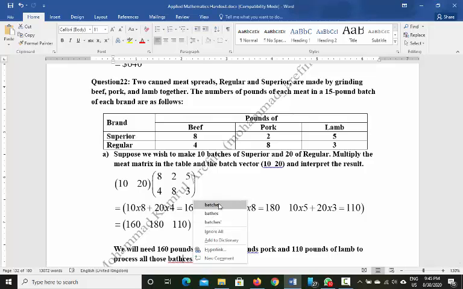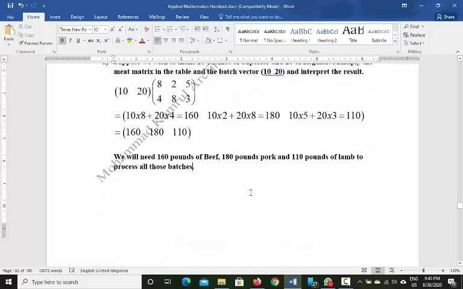So that means to process 10 batches of superior and 20 batches of regular. So this is the interpretation.